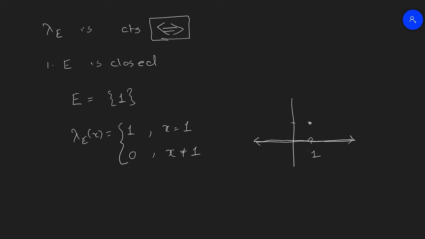There is a break at 1. From this graph, we can clearly observe the function is not continuous at 1, thus f is not continuous. Thus E is closed does not imply the function is continuous. Thus the first option is not true.